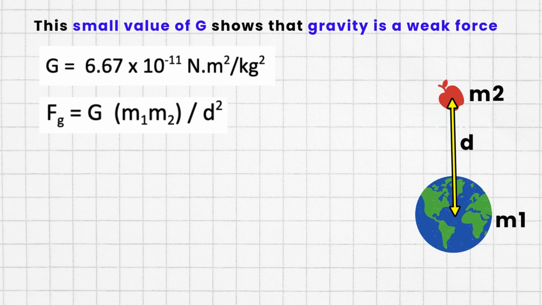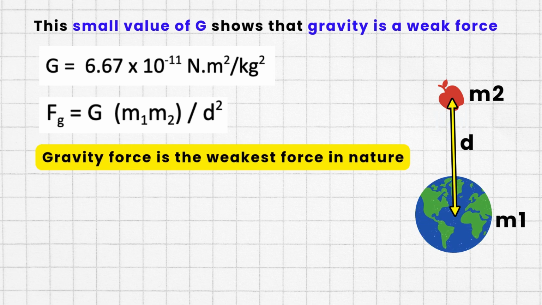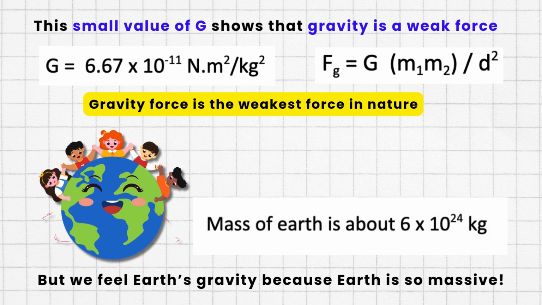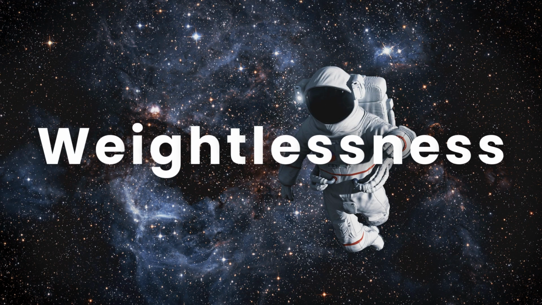This small value of big G shows that gravity is a weak force. In fact, gravity is the weakest force in nature. But we feel Earth's gravity because Earth is so massive. Mass of Earth is about 6 times 10 to the 24 kilograms. Now let us move to weightlessness.